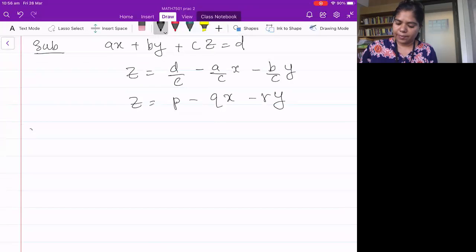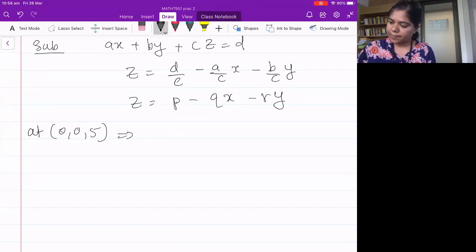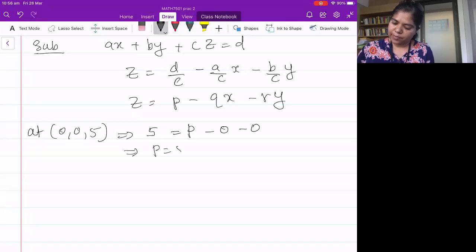And then at 0, 0, 5, z is 5. So 5 equals p minus 0 minus 0. Okay? So that gives p equals 5.